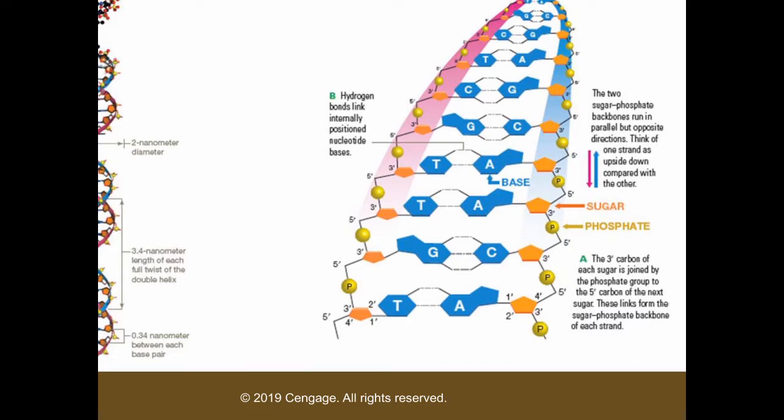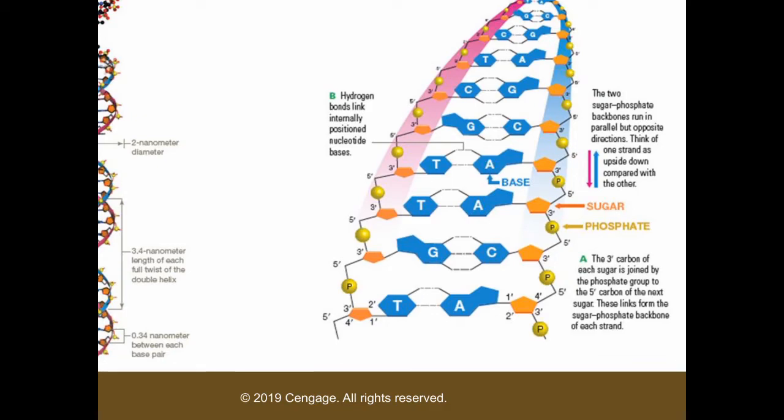How are they exactly paired? The nitrogen bases are joined together by hydrogen bonds. Hydrogen bonds are relatively weaker. They are not considered chemical bonds. They are more of intermolecular forces.